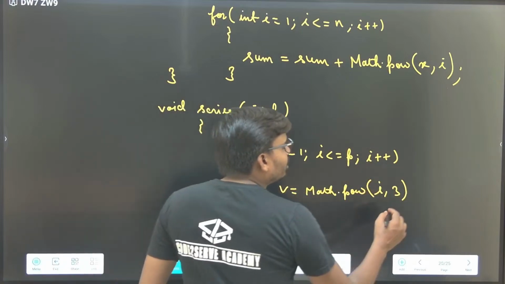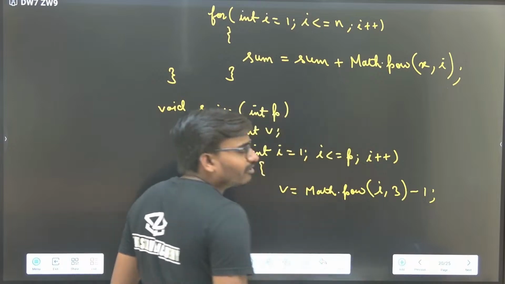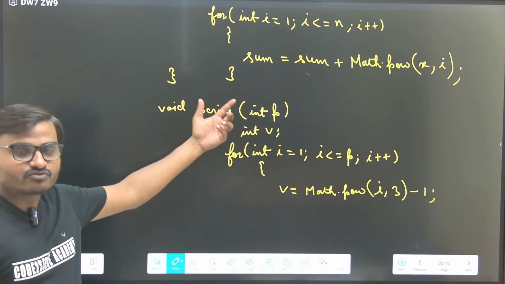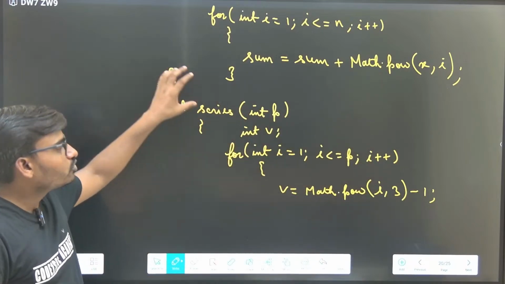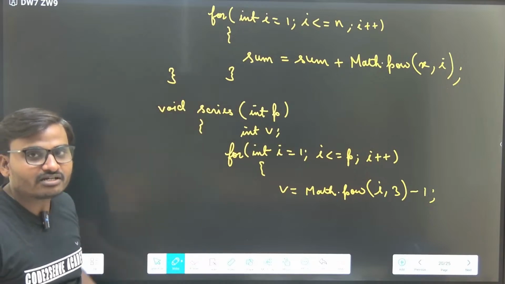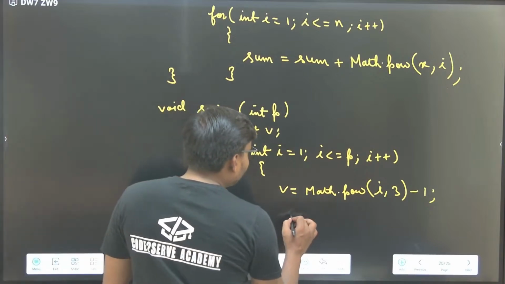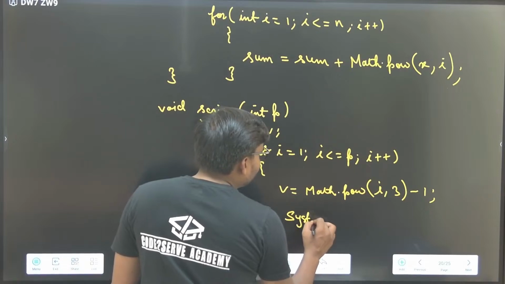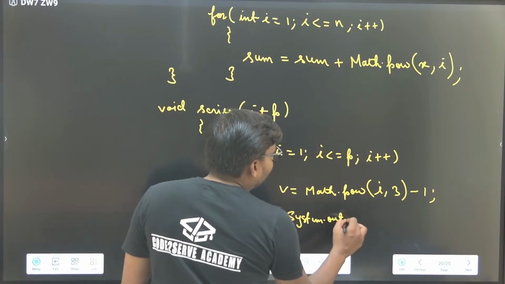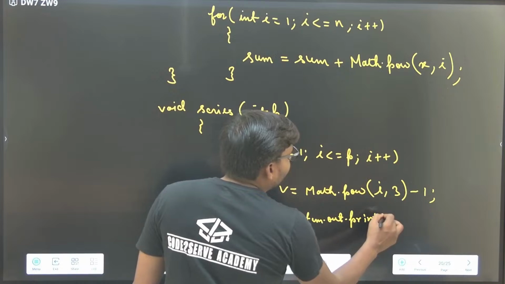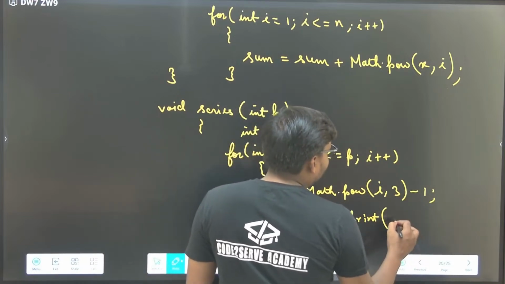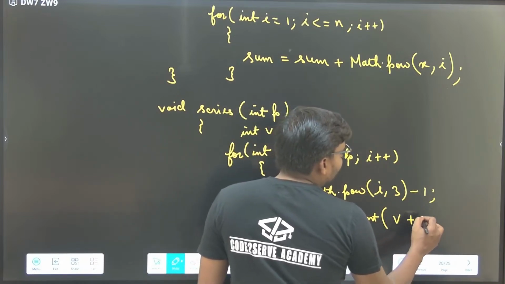Now after cube, you have to subtract 1. So 1 to the power cube is 1, and minus 1 will become 0. So you are getting the first number of that series. Now generally print this: system dot out dot print, and here you can print this v.